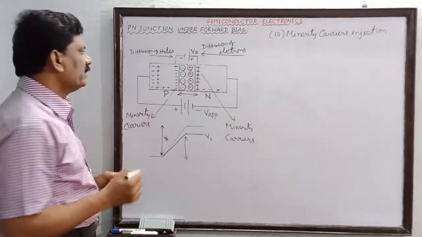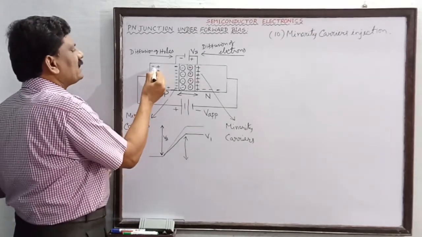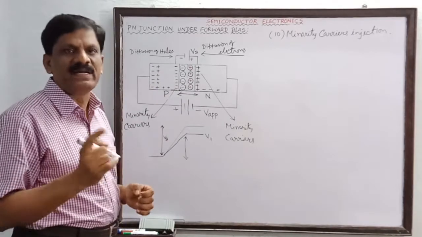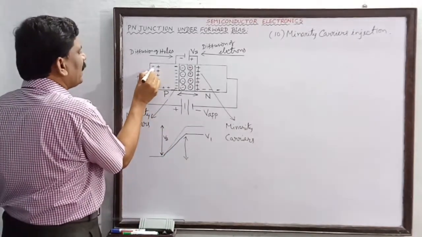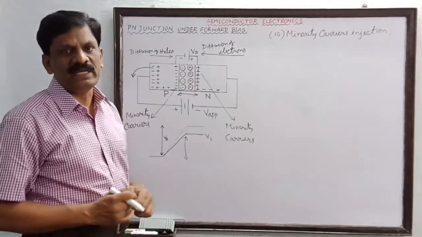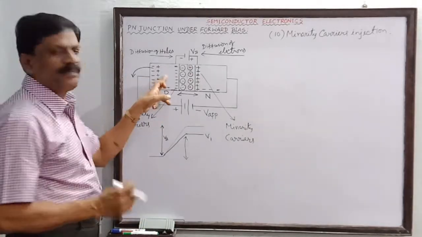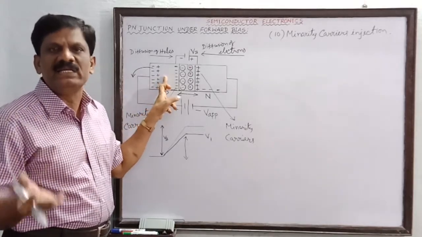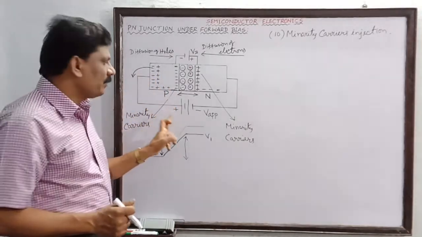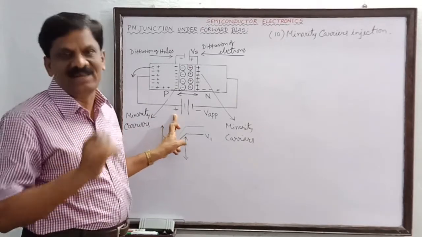Okay, students. Now these free electrons, which are formed due to the breakage of covalent bonds, will be attracted towards the positive potential of the battery. So they will leave the P region and flow in the external circuit through this wire up to the positive terminal.